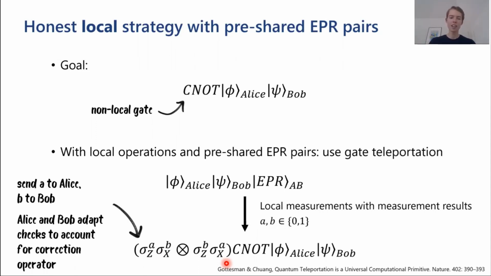Okay, of course you need to check that this doesn't introduce any new ways for the device to cheat, but it turns out that it does not. All right, so now we've really achieved what we wanted. We have a way of certifying Bell states and single qubit measurements on these Bell states, and an honest device using gate teleportation doesn't have to do any non-local operations as long as it has pre-shared EPR states.